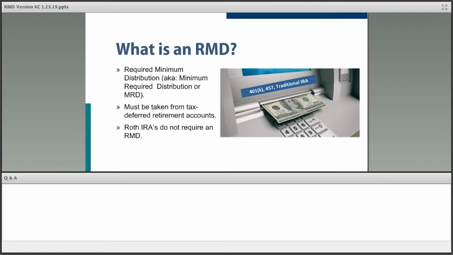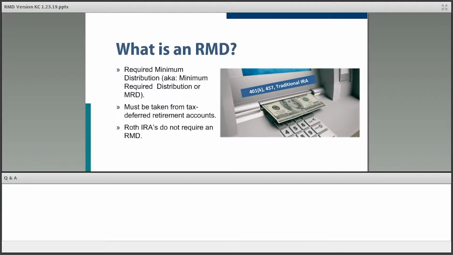Required minimum distributions must be taken from tax-deferred accounts, and those tax-deferred accounts that we have here at Utah Retirement Systems are the 401k, 457, and traditional IRA accounts. Roth IRA accounts are after-tax dollars and do not require a minimum distribution.